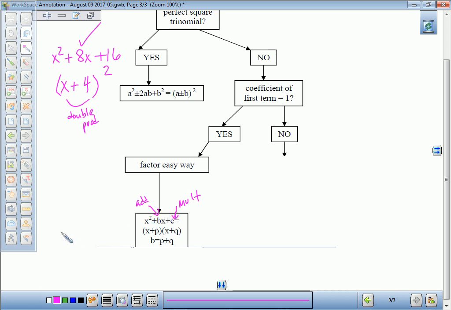Okay, so when we have problems like this, x squared plus 7x plus 12, leading coefficient is 1, not perfect squares. Ignore that though. What can I multiply to get 12? Then I can add to get 7, x plus 3, x plus 4. And that's how that works. Okay, so any that we have like that would work in that way.